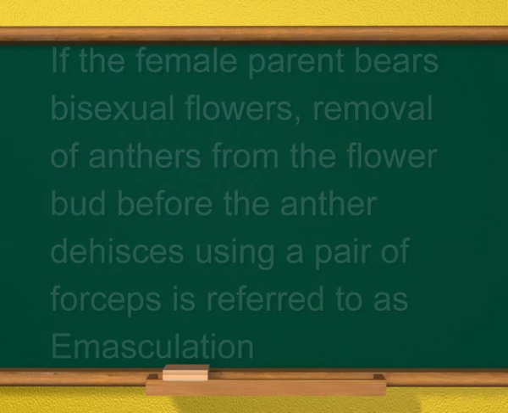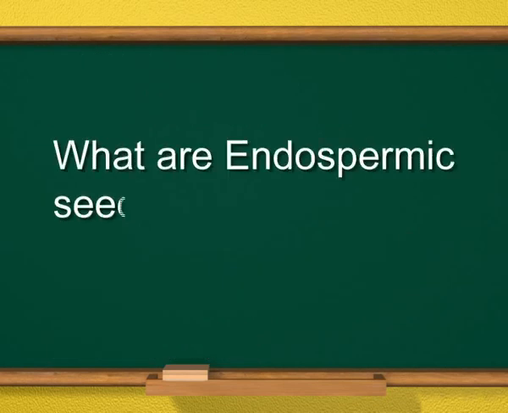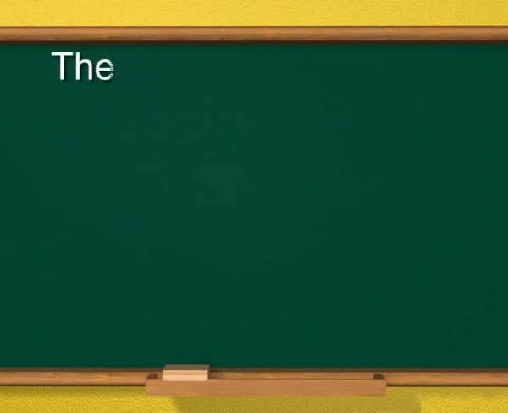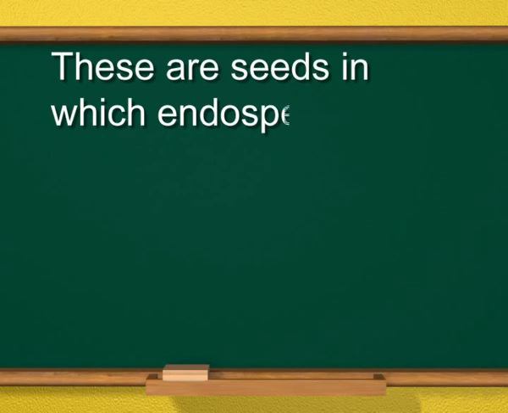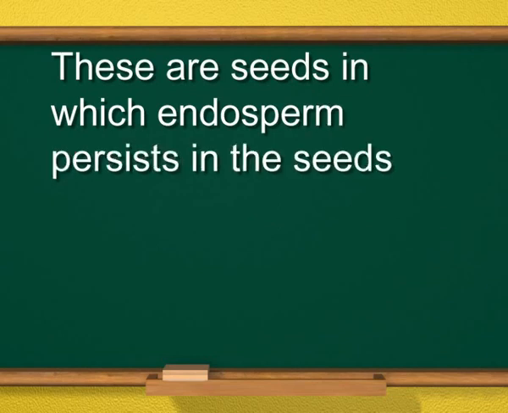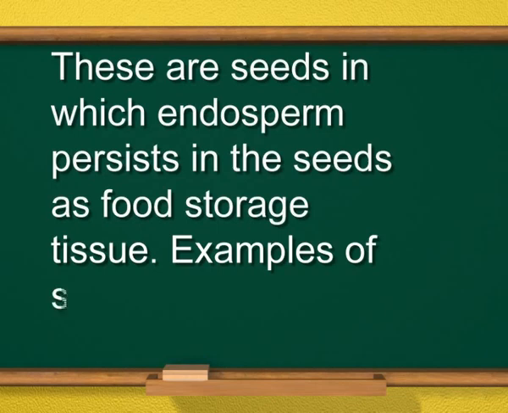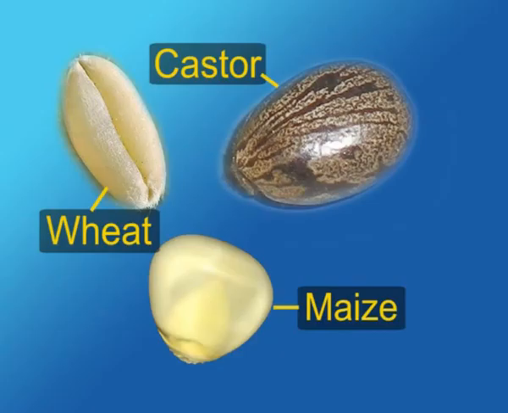Next question is, what are endospermic seeds? Also give some examples. The answer is, these are seeds in which endosperm persists in the seeds as food storage tissue. Examples of such seeds are castor, maize, wheat, etc.